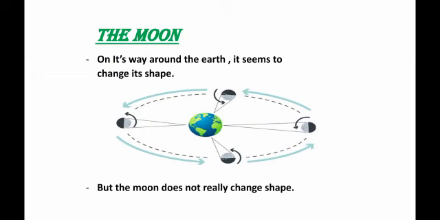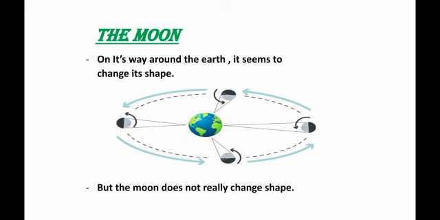On its way around the earth, the moon seems to change its shape. But in fact, the moon doesn't really change shape. As you see in the picture in front of you, the part of the moon that we see on earth is the part that has been lit by the light of the sun.